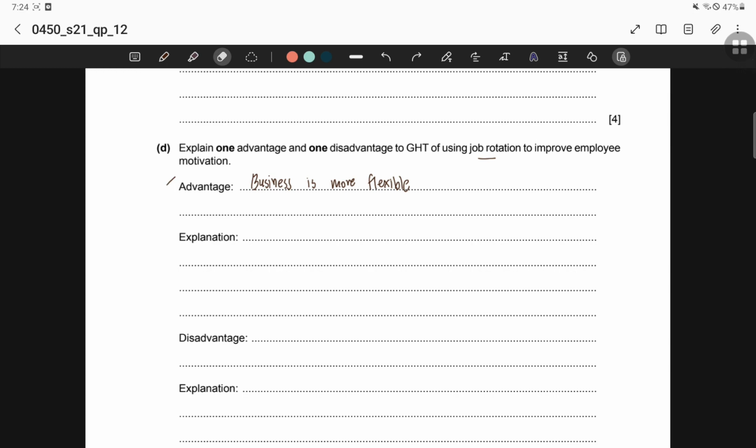So our advantage is business will be more flexible. You could write the ones I stated as well. Business will be more vibrant, or employees will be more motivated and feel more trusted by their managers or directors.